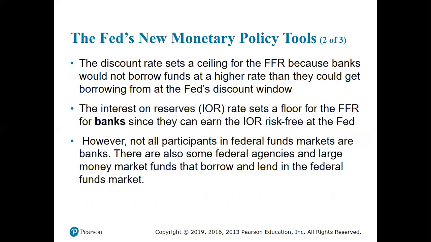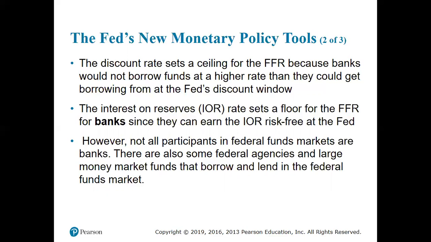All right, so in talking about those three rates, the discount rate, again, is the rate that banks can borrow directly from the Fed at. And that discount rate really sets the ceiling for the Fed funds rate, because banks are not going to pay to borrow funds at a rate higher than they could get borrowing directly from the Fed at its discount window.